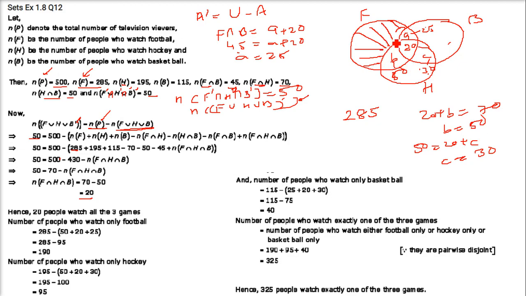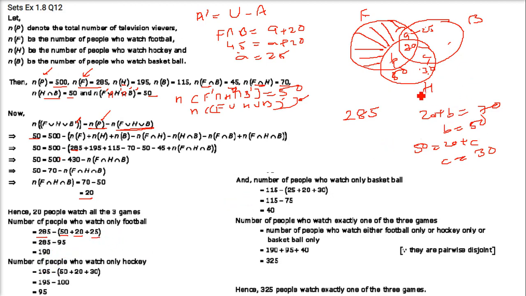Now the number of people who watch only football: total F minus A minus 20 minus B. I hope you got the idea. So F 285 total minus 50, 20 and 25.